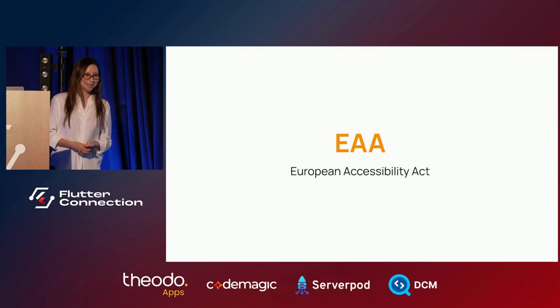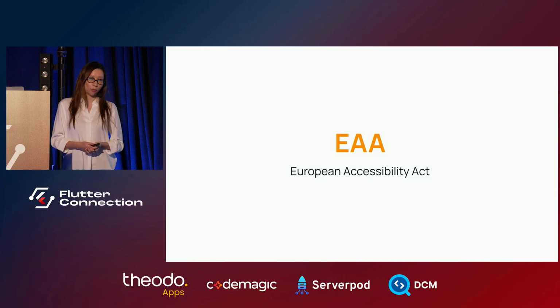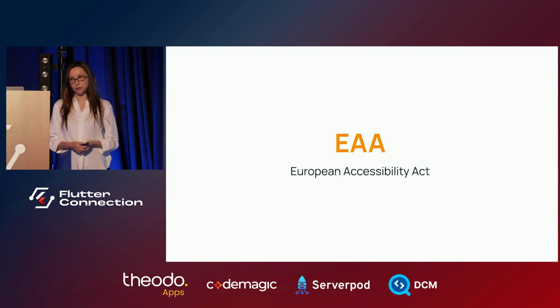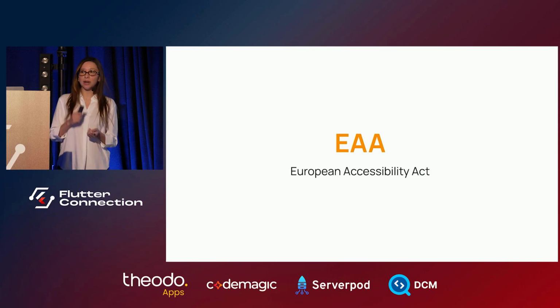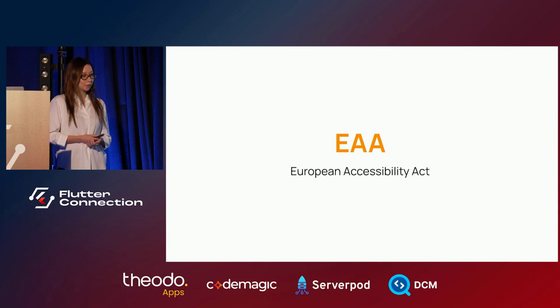So you have 2 months left to make stuff accessible. Have fun. For EU markets, that means accessibility is not an afterthought, it's required. And even without laws, I think we want to be nice developers and build nice products that can be used by everyone. So let's talk about how the Semantics Widget helps us to get there.